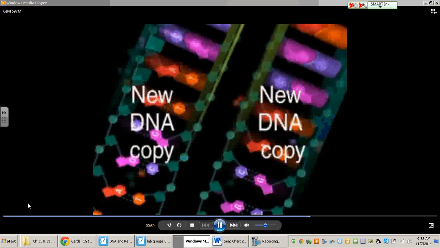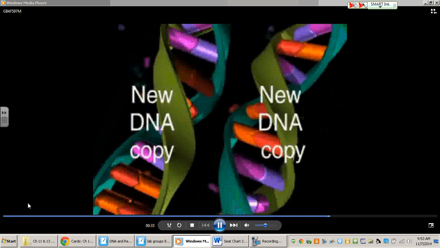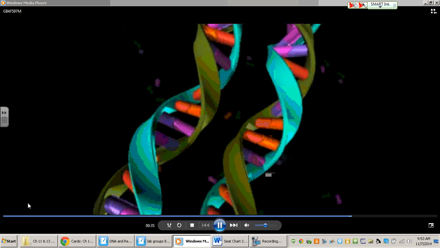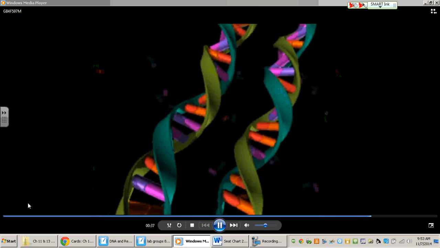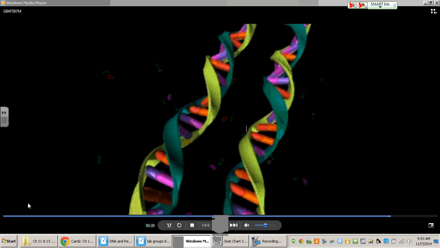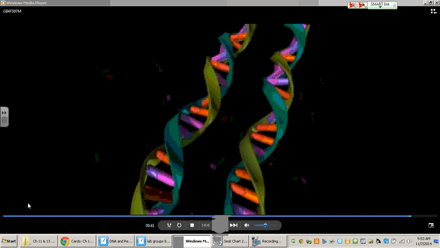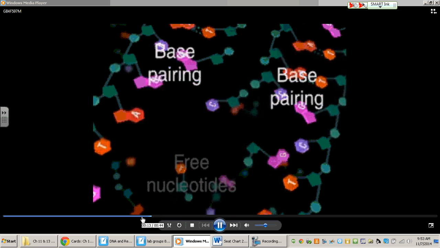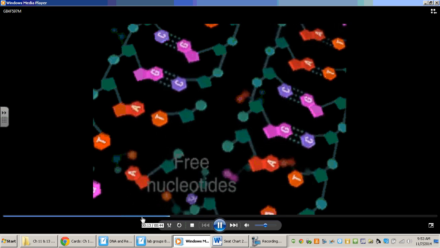Each new replicated DNA molecule has one nucleotide strand from the original DNA molecule and one nucleotide strand that has been newly synthesized from free nucleotides in the cell by base pairing with free nucleotides.